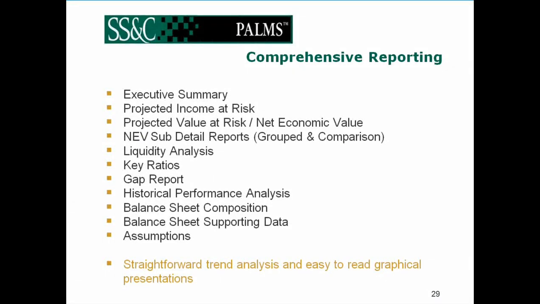So to summarize all the types of reports that PALMS currently offers, as well as that regulators usually demand in the marketplace, would be the executive summary, projected income at risk, the NEV report with sub-detail reports grouped and compared, the liquidity analysis, key ratios, gap report, historical performance analysis, followed by balance sheet composition, balance sheet supporting data, along with the assumptions that are almost indispensable for auditors in order to track down a paper trail of the supporting data underlying the reports.